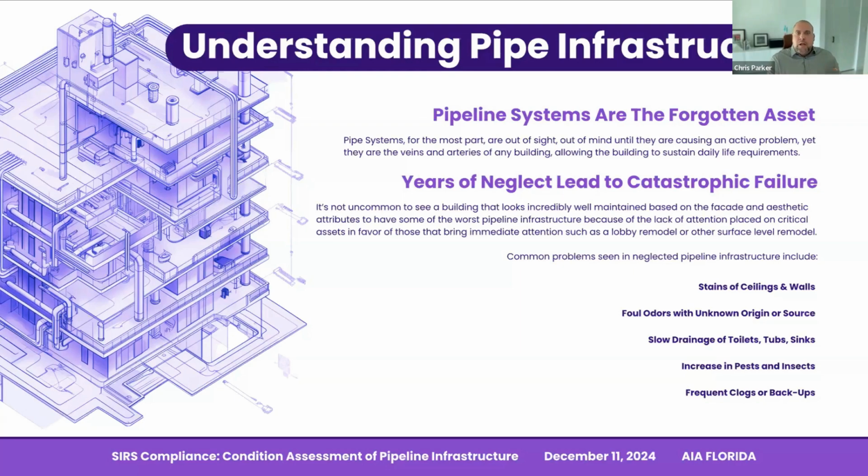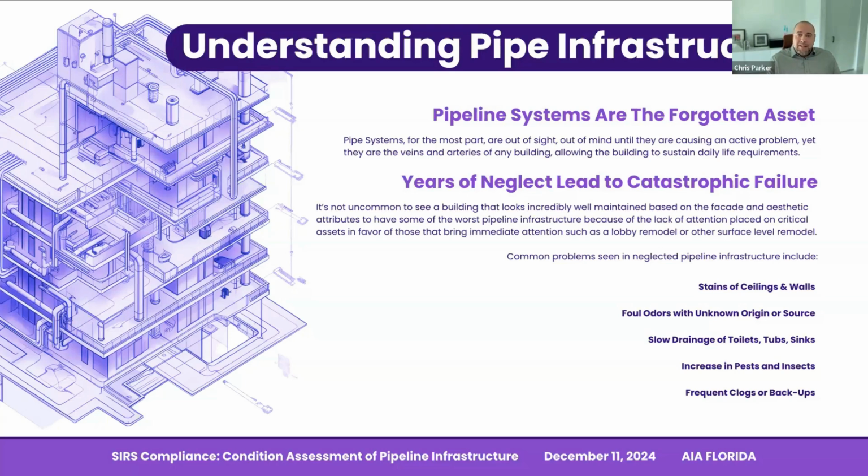And years of neglect often lead to catastrophic failure of piping systems. And then inevitably, that can also affect other aspects of the building from a structural integrity standpoint. It's not uncommon for us to go in, look at a building that looks incredibly well maintained. The facade is beautiful, the aesthetics are beautiful, yet when we get into the pipeline infrastructure side, they're often the worst looking pipelines that we see.